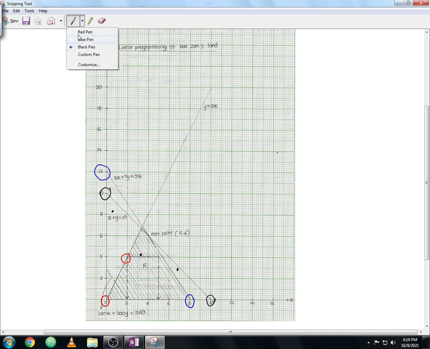Let us proceed to the second inequality, where 3x plus 2y is less than or equal to 24. Since it's less than or equal to 24, you should be shading the down part. So you should mark this region. You need to mark every possible region, guys.